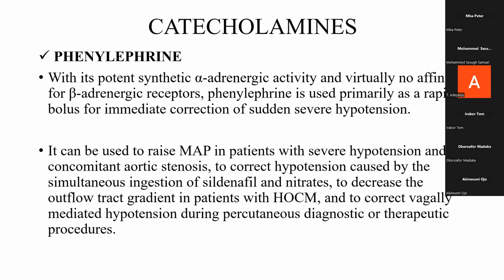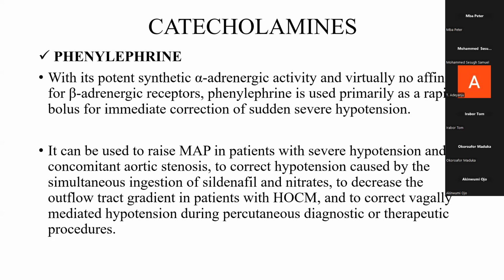Conditions that it is indicated in are those who have severe hypotension in the setting of aortic stenosis, or those who have taken phosphodiesterase inhibitors, so sildenafil and nitrates combination, or those who have HOCM with decreased outflow tract.